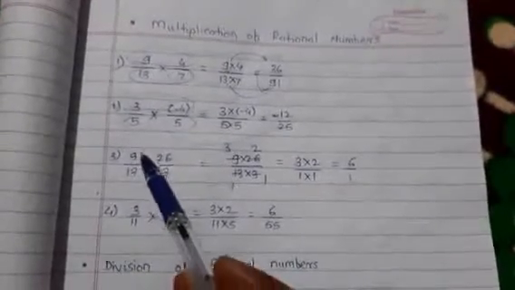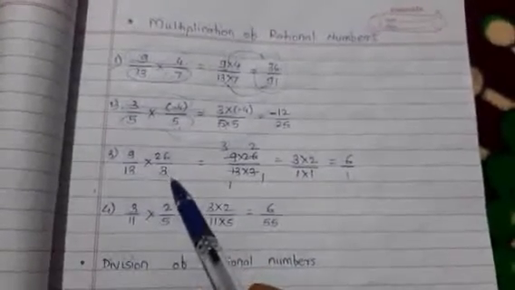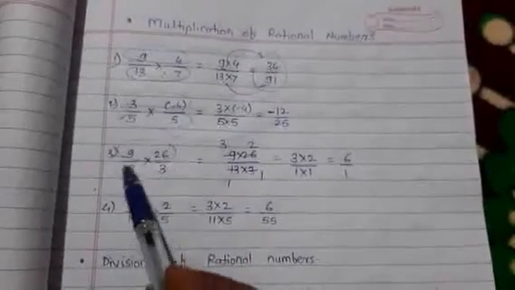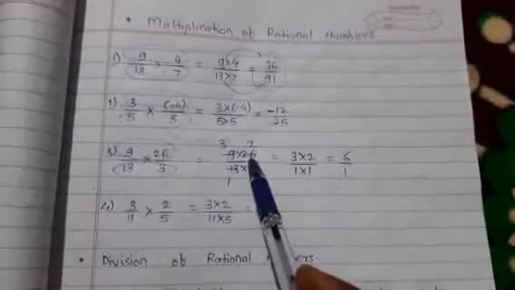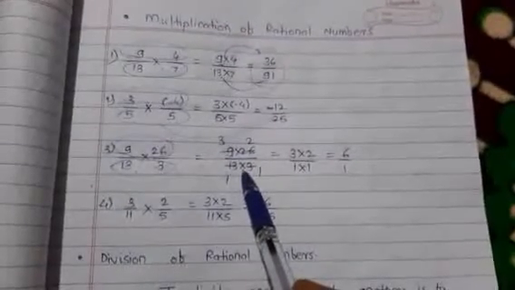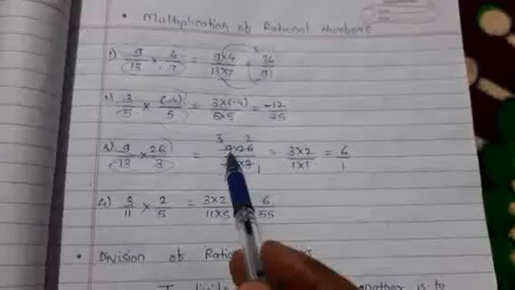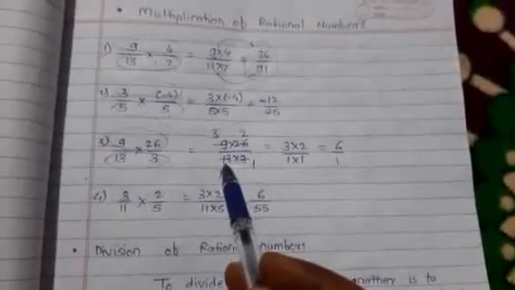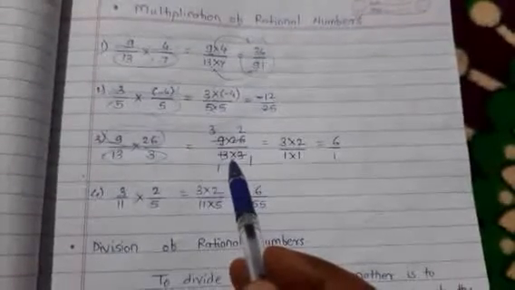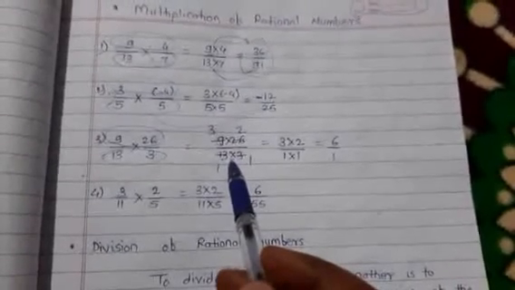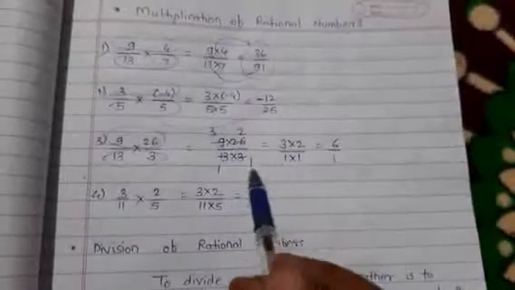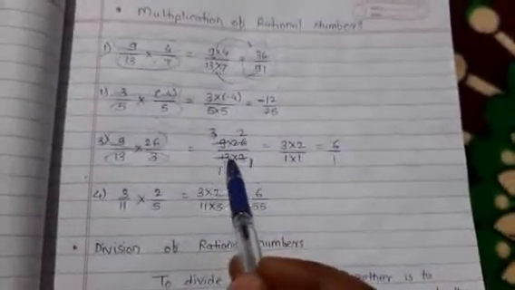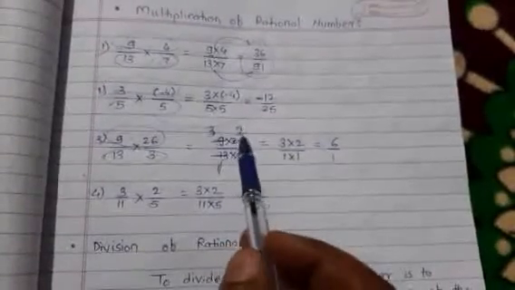Next question is 9 divided by 13 into 26 divided by 3. Here also multiply numerator and denominator. 9 into 26 divided by 13 into 3. Here, as there is multiplication between these two numbers in the numerator, and in the denominator also between these two numbers, if we can cancel anything, then we can reduce the number. 3 ones are 3, 3 threes are 9, 13 ones are 13, 13 twos are 26.